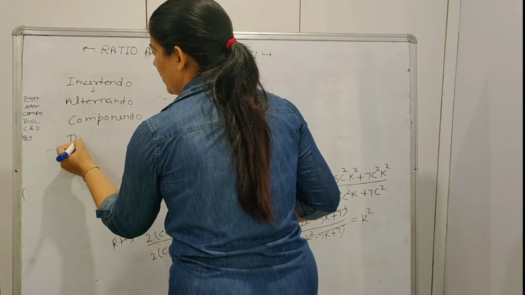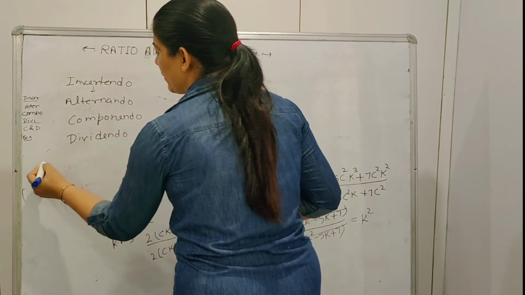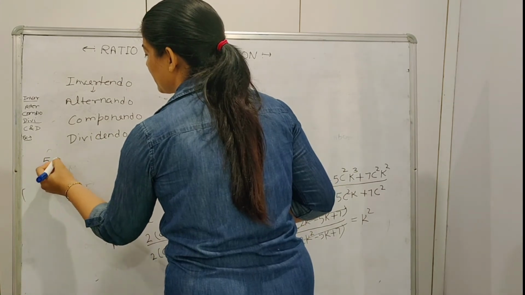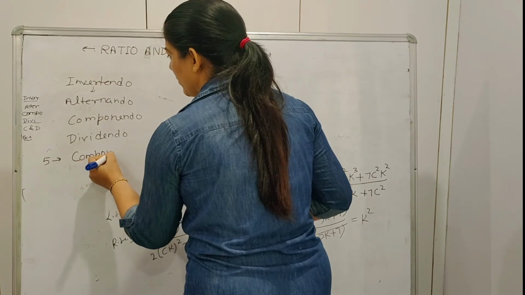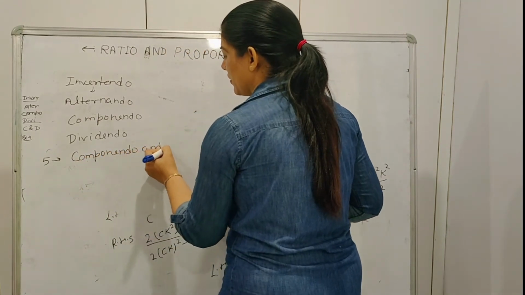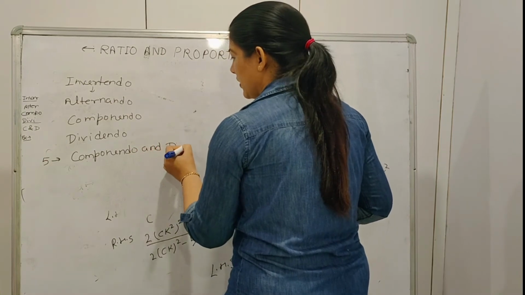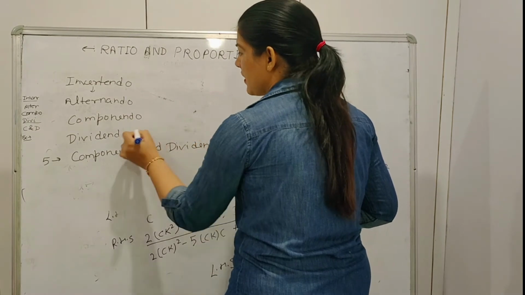Fourth is dividendo. And fifth one, which is most important, it is componendo and dividendo. So what are these properties?